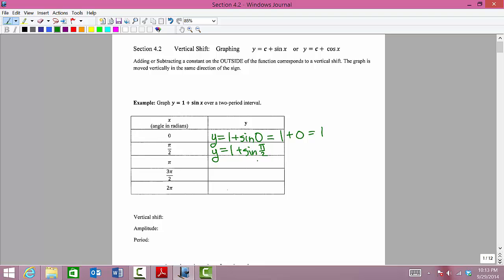One plus sine of pi over 2. Well, sine of pi over 2 is 1, so 1 plus 1 will give us 2. If our x value is pi, 1 plus sine of pi is 0, so I get 1.